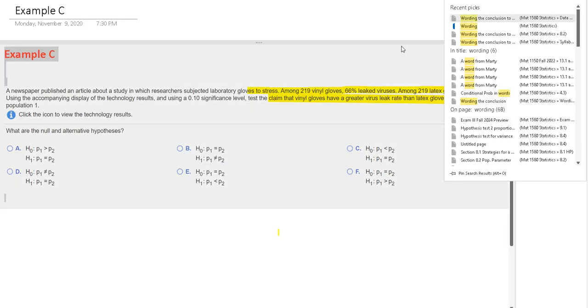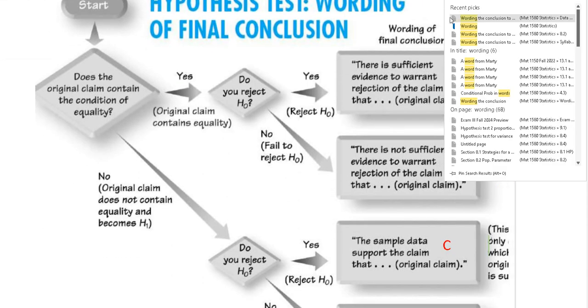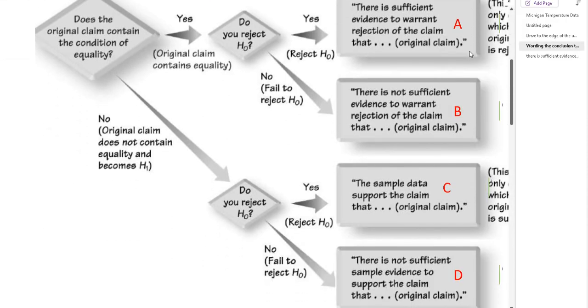So word our conclusion brings us back to here. So quickly figure out which one are we going to use. Are we going to use A, B, C, or D? C.